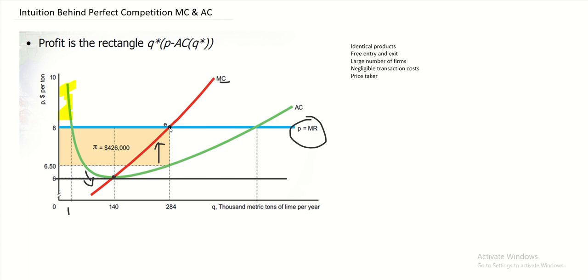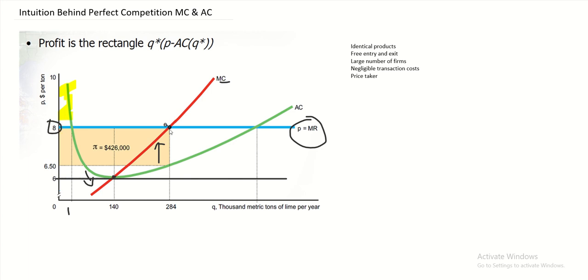In this case, if the firm is producing at the profit maximizing quantity, which is the point where the marginal cost curve intersects the marginal revenue curve, then it can trace out its price. The price is not changing, it's $8.